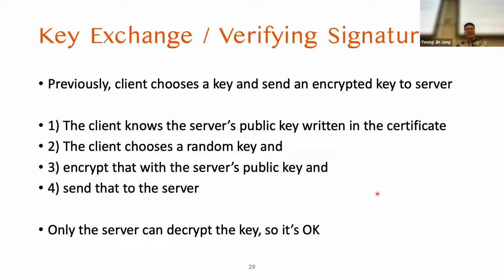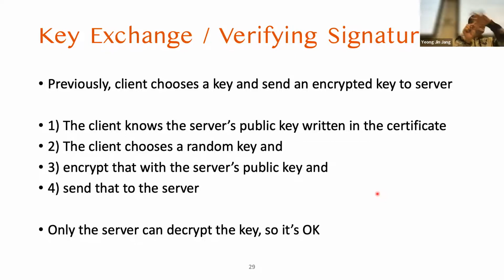In the old days, the client chose the key and sent it to the server. That's possible because the server has public key based cryptography, and we have the server's certificate, which means we know the server's public key.